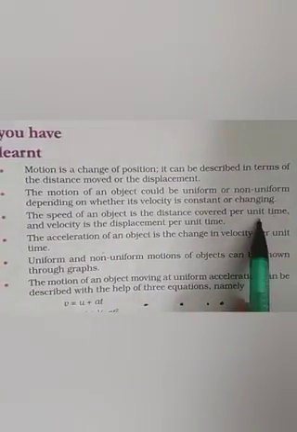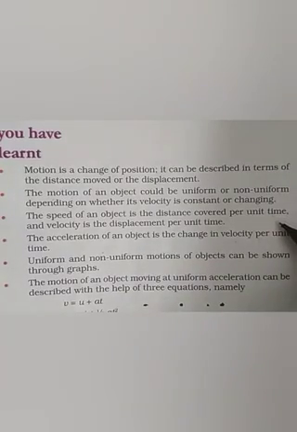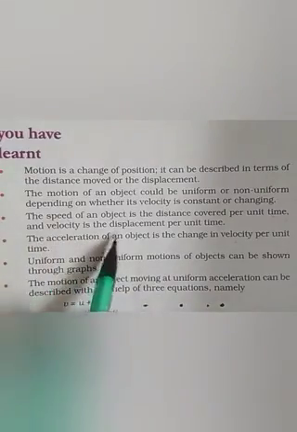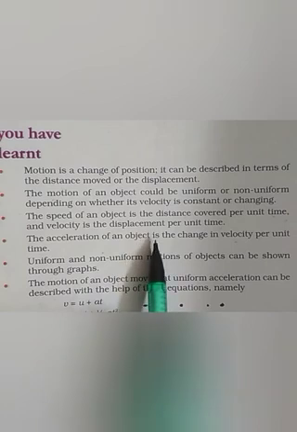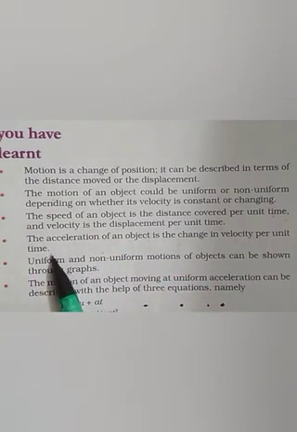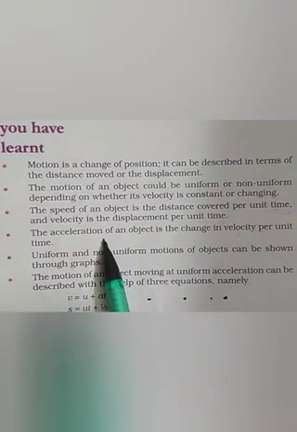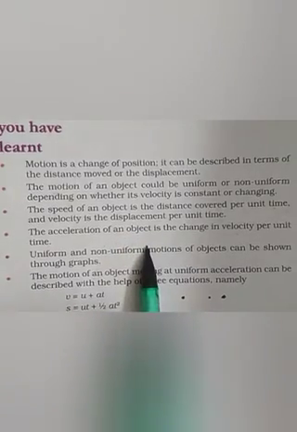So the time will be different, so the velocity will also change. The acceleration of an object is the change in velocity per unit time. Whatever changes are there in the velocity per unit time, it is called acceleration.